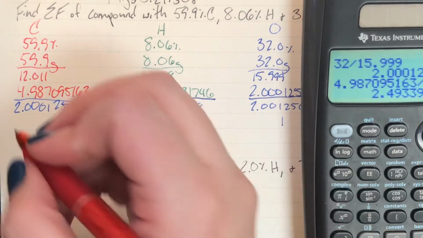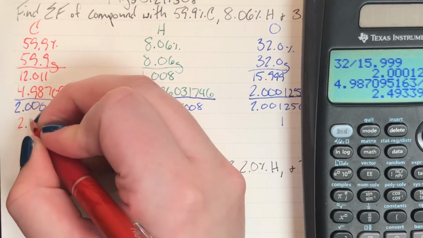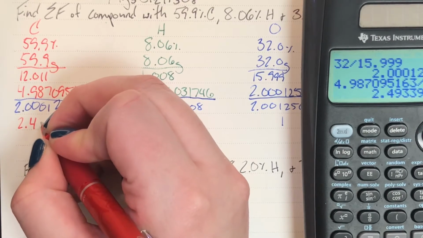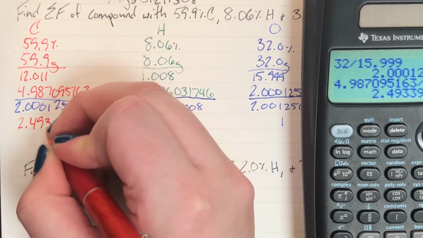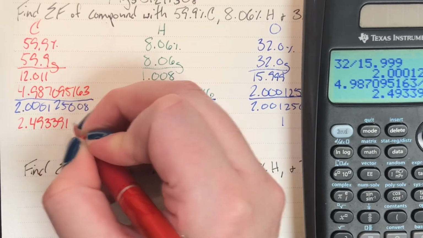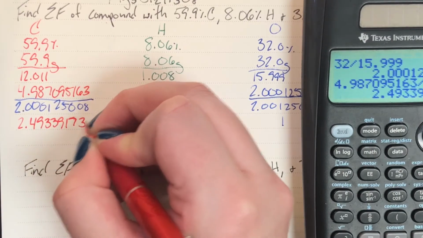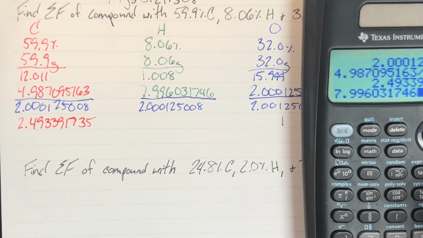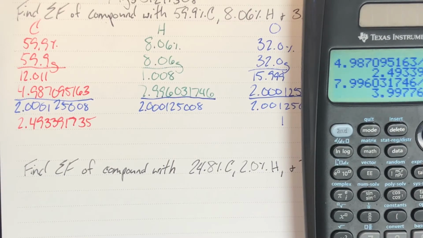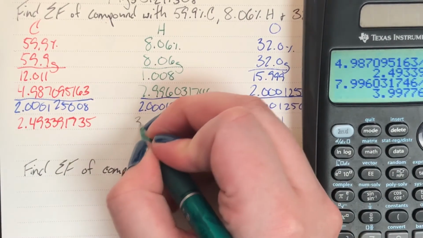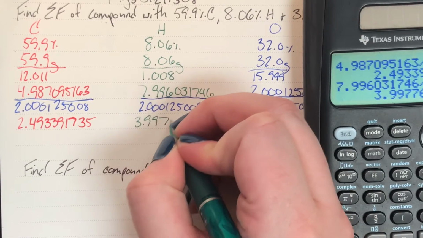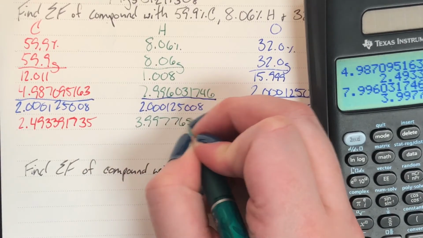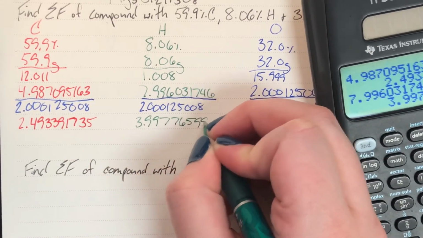I'm going to get the number 2.493391735, and 3.997765997.